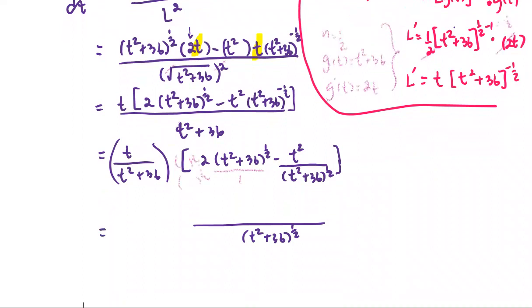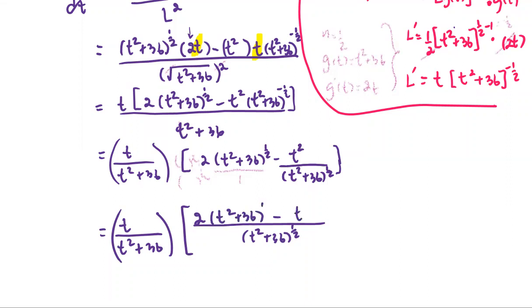The front expression still remains as the quotient t over t squared plus 36. After you multiply top and bottom of the first term by the quantity t squared plus 36 to the power 1/2, I will have t squared plus 36 to the first power subtracted by t squared. Next, I'm going to simplify the numerator.